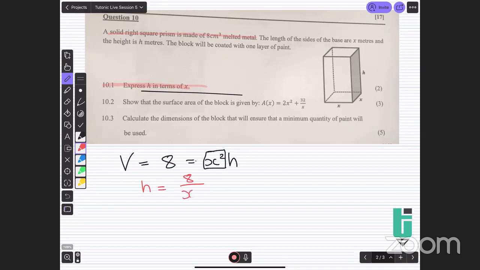Okay, 8 over x squared. Everybody happy? Yeah. So that's the first question. Do you guys see how it was crucial that you wrote the volume first? Because if you knew the volume, you would know this. So that's why I'm saying, the question gives you answers.